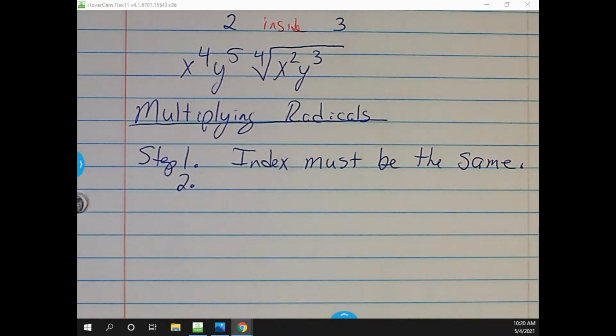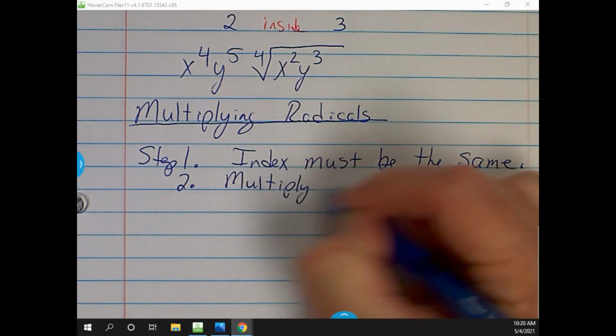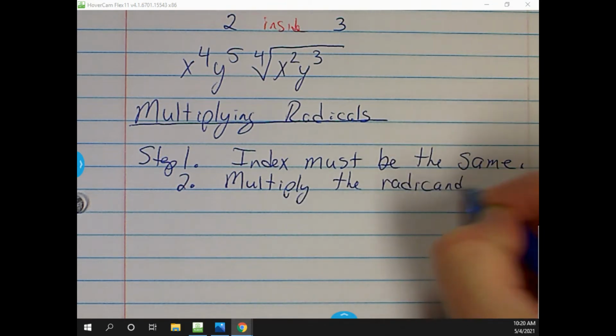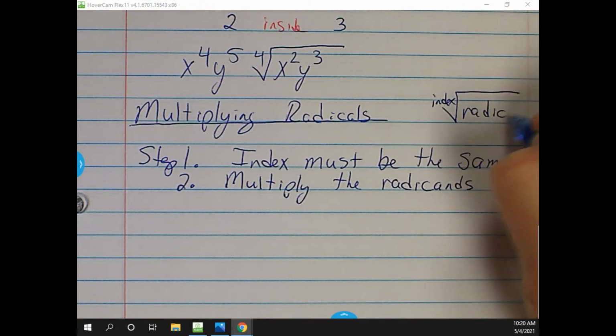All right, second thing you're going to do is you're going to multiply the radicands. And if you're remembering yesterday, the index is up here, and the radicands is what's on the inside here.